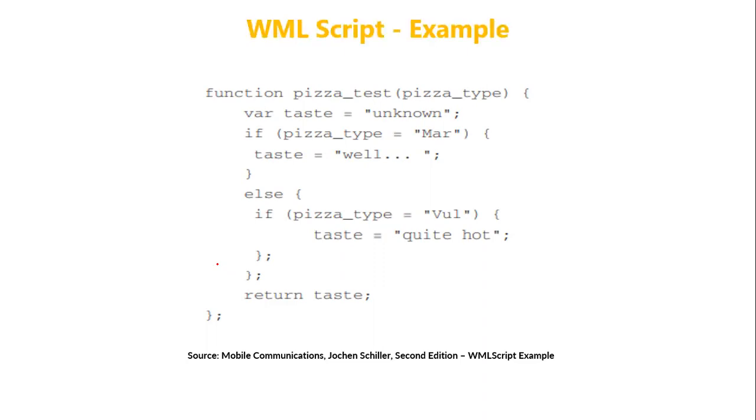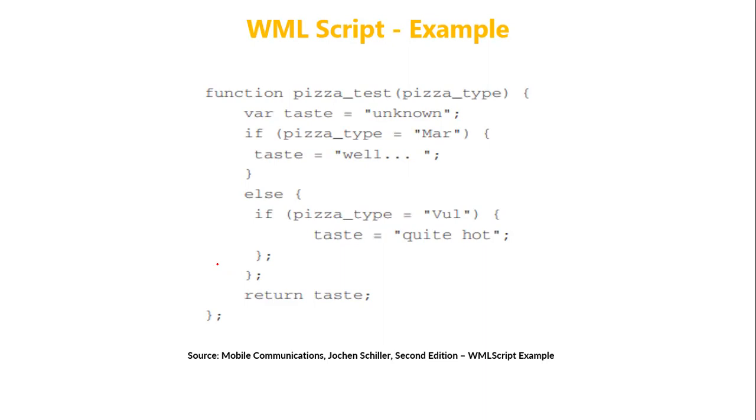So here we are discussing one example code using WML script. Here is the function pizza test, which accepts one value as input, and the local variable taste is initialized to the string unknown initially.